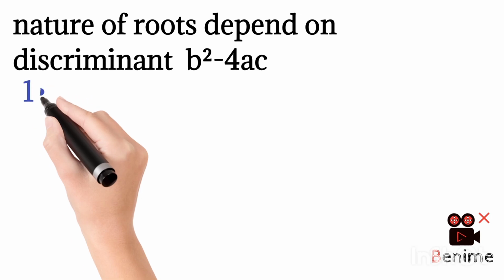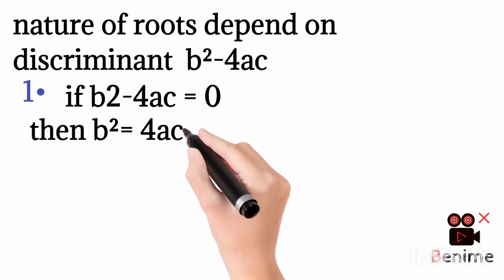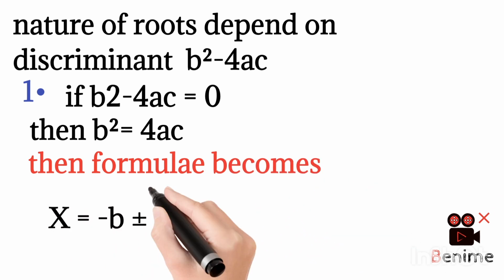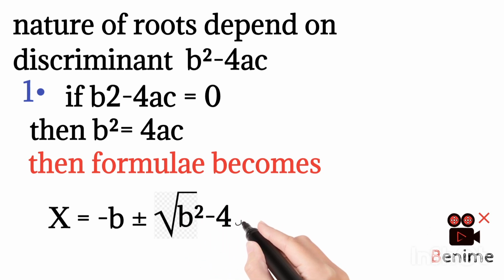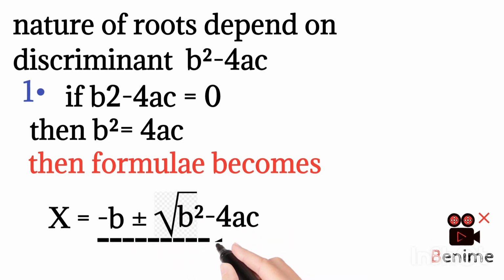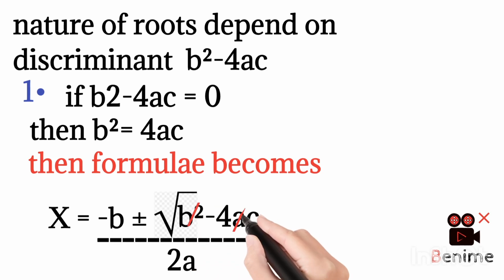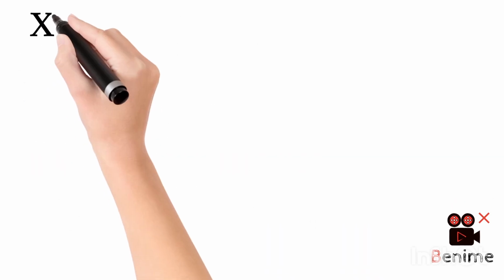The expression under the root sign, b² - 4ac, is called the discriminant of the quadratic equation, and depending upon its value we have three different types of roots. If b² - 4ac is equal to 0, then we have two roots of x which are equal and the same.